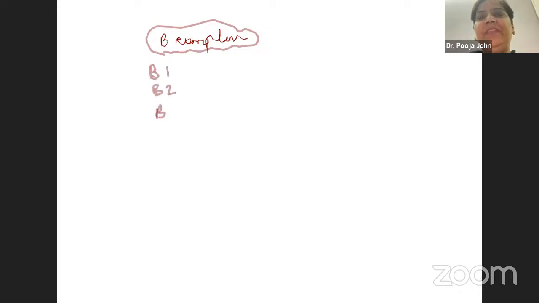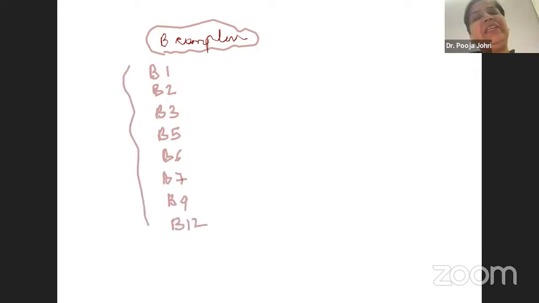Now, next is B complex. We call it B complex because it consists of B1, B2, B3, B5, अभी तक जो हमने पढ़े हैं, B6, which you all have also studied, B7, B9 and B12. ठीक है? These are the B complex vitamins which you people have studied, isn't it?